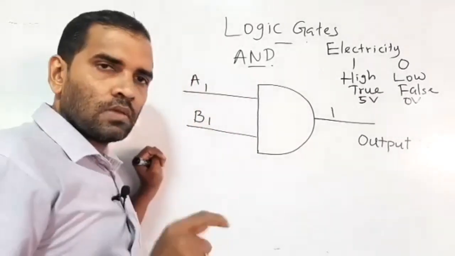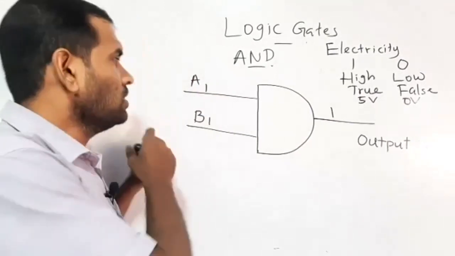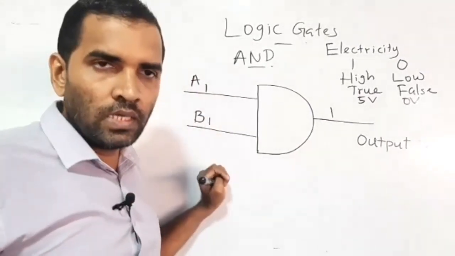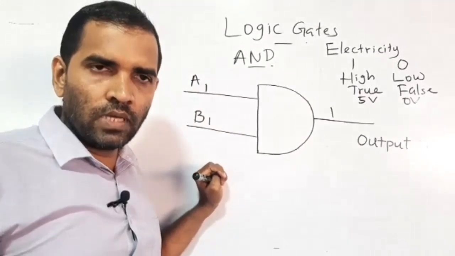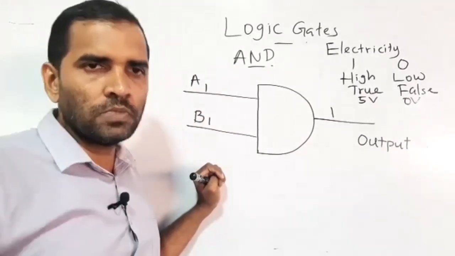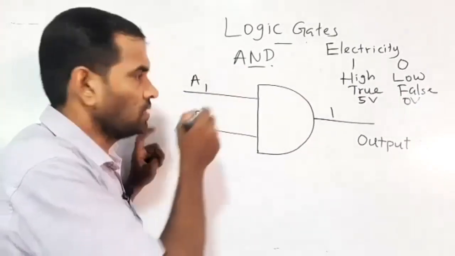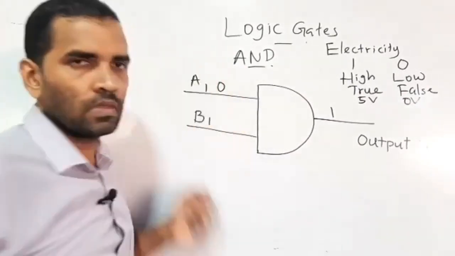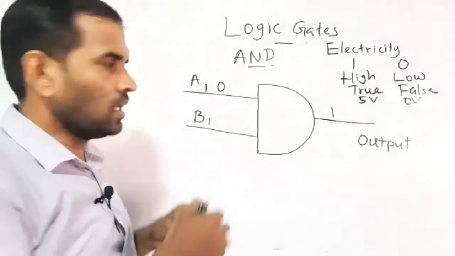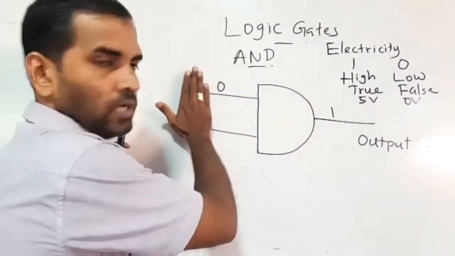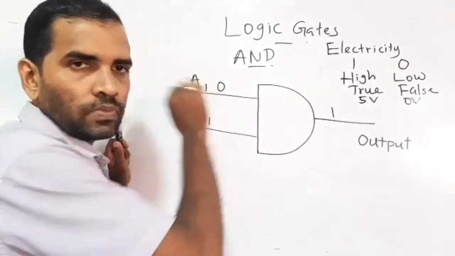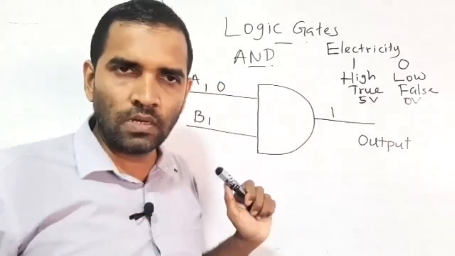Now what I'm going to do is stop the electricity in wire A. So now assume wire A doesn't have electricity, which means 0. You can forget the first one now. Forget the first one. Now take the second one.